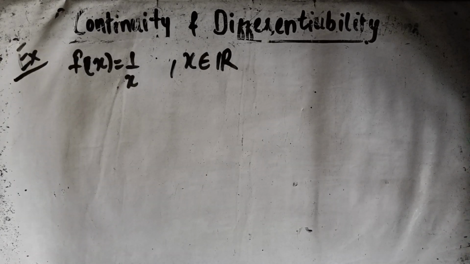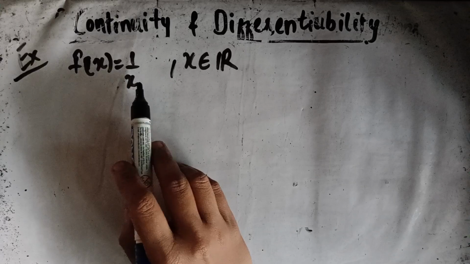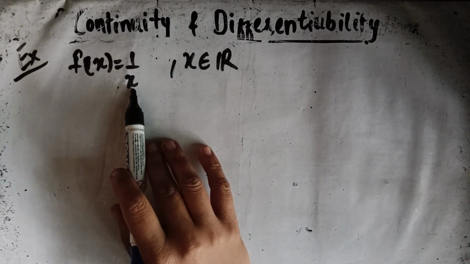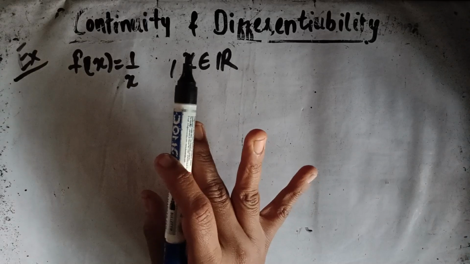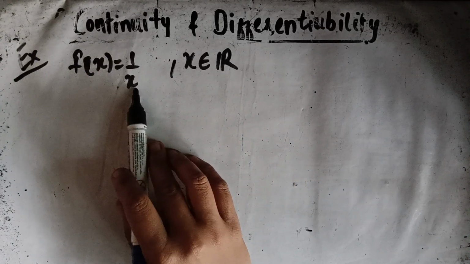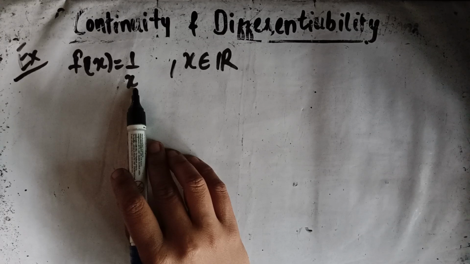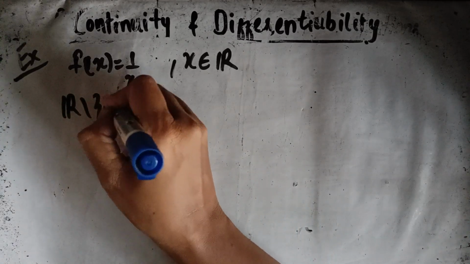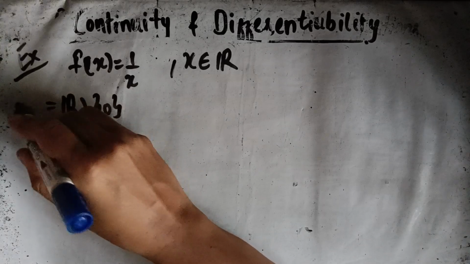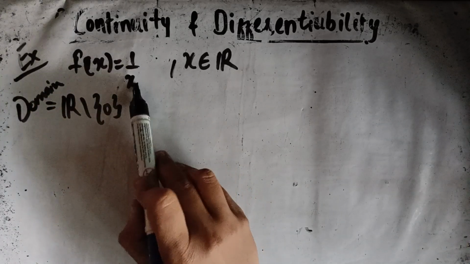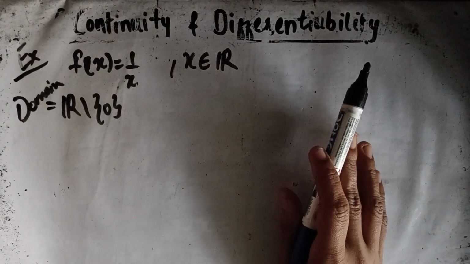If the function is defined as 1 upon x, okay, and x belongs to all the real numbers, then we have to check whether it is continuous or not. Okay. So if I remove 0 from this, okay, that is we write R minus {0}. Okay. That is our domain. Then this function is defined. Okay.